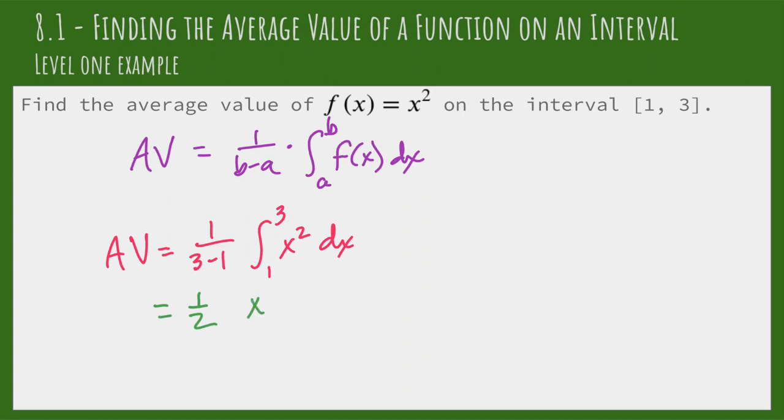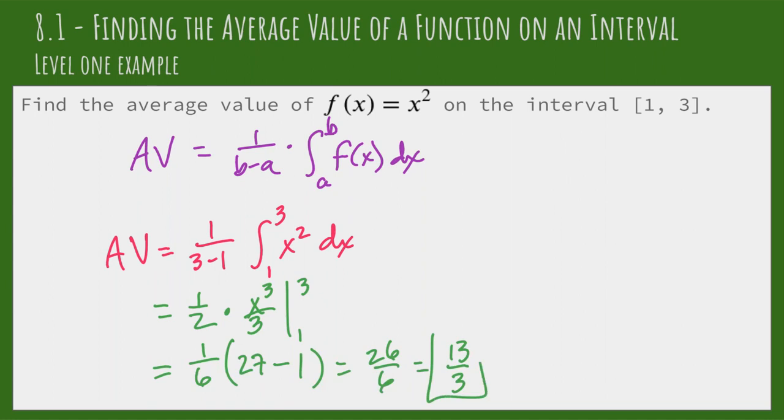Antiderivative of x squared is going to be x cubed over 3, and that's going to be evaluated from 1 to 3. Really, that 1/3 could be factored out and can go with the 1/2. So this is going to be 1/6, and then 3 cubed is 27, minus 1 cubed is 1. And so we get 26 over 6, which is 13 over 3.